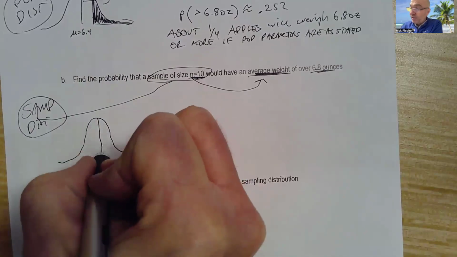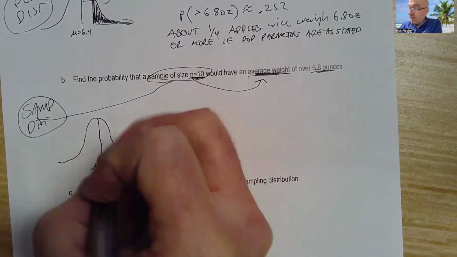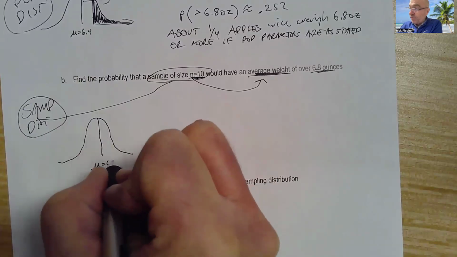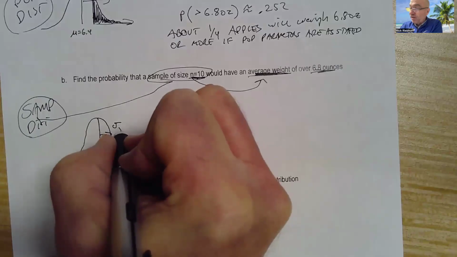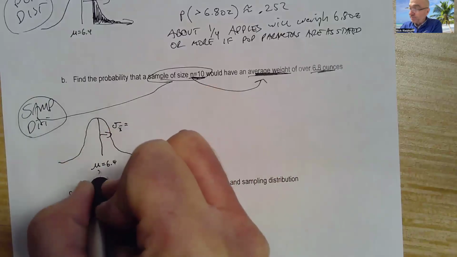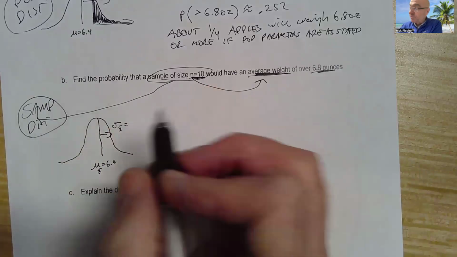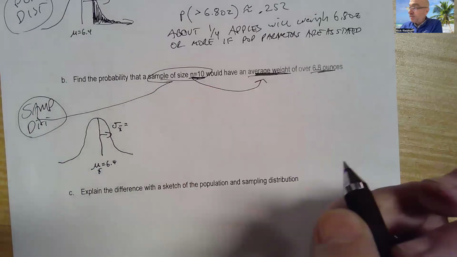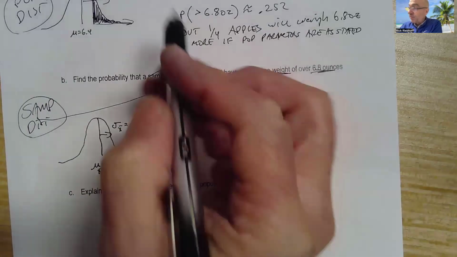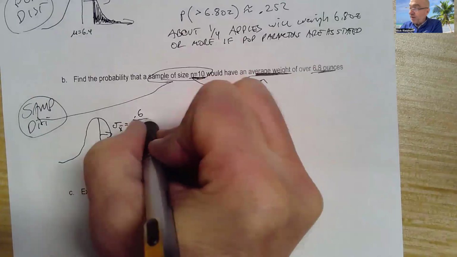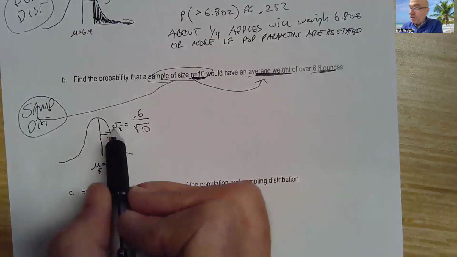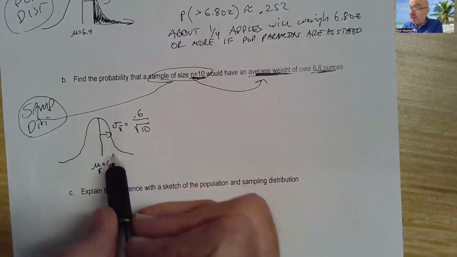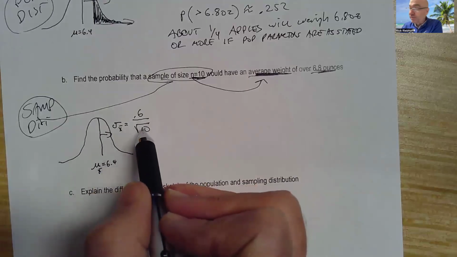What doesn't change is our mean is still equal to 6.4. What does change is our standard deviation. Our standard deviation of our sampling distribution, I'll write those in there, the X bars as subscripts, is equal to 0.6, but now we're dividing it by the square root of 10. Our standard deviation of the sampling distribution shrinks as sample size increases.